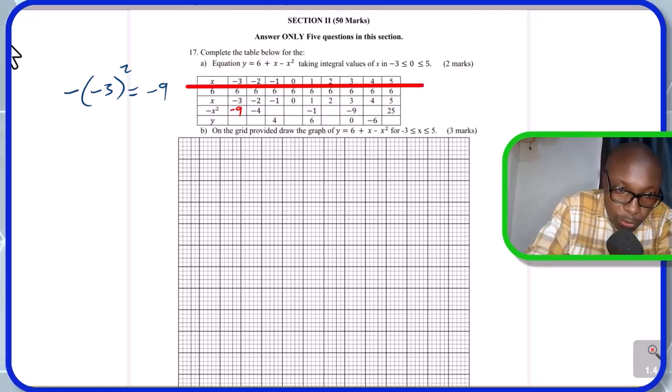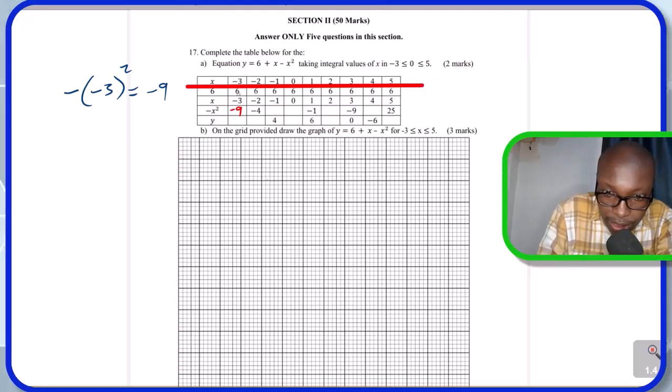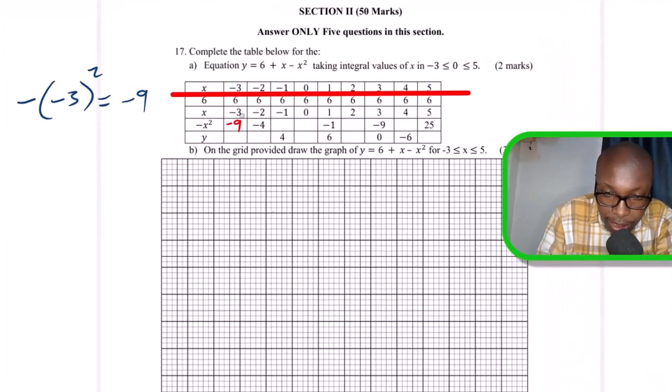Remember we're starting to fill the values from 6, subtract 3, that is 3, then 3 subtract 9, that will be -6. Then when x is -2, 6 subtract 2, that is 4, 4 subtract 4, that is 0.